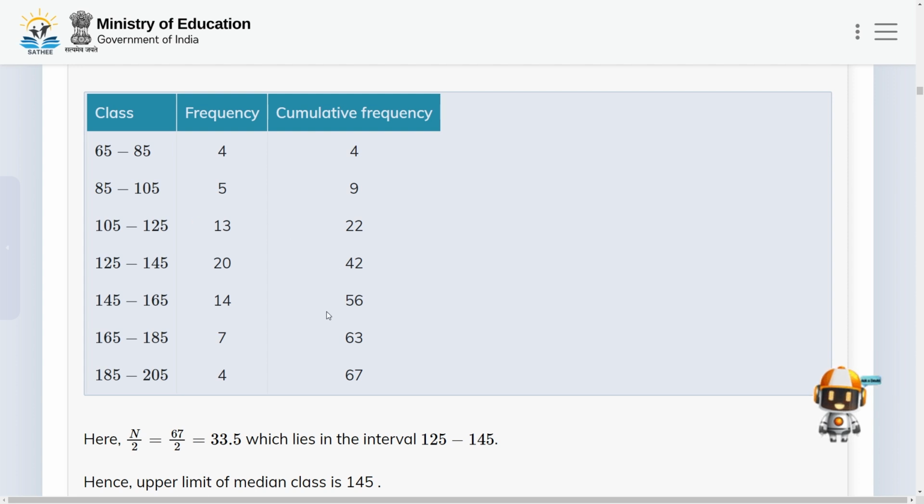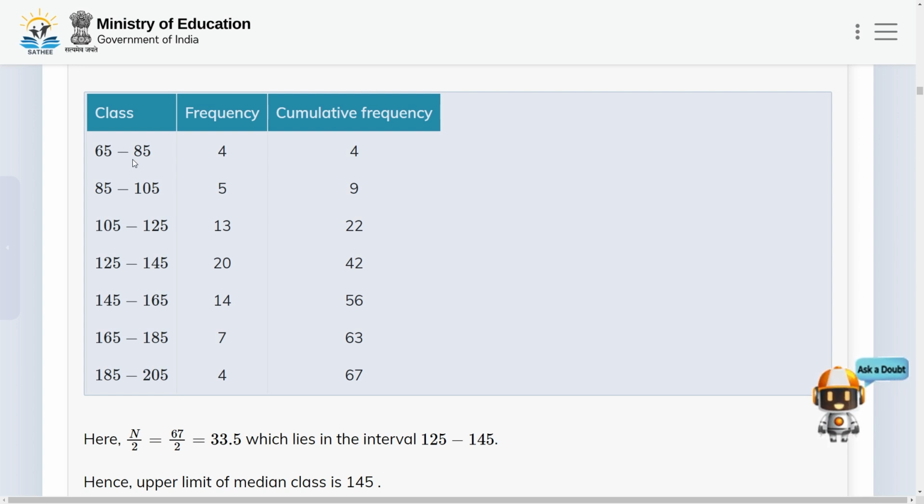So this is the cumulative frequency table. Here we calculated cumulative frequency. For class 65 to 85, frequency is 4 and cumulative frequency is 4. For 85 to 105, frequency is 5 and cumulative frequency is 9.